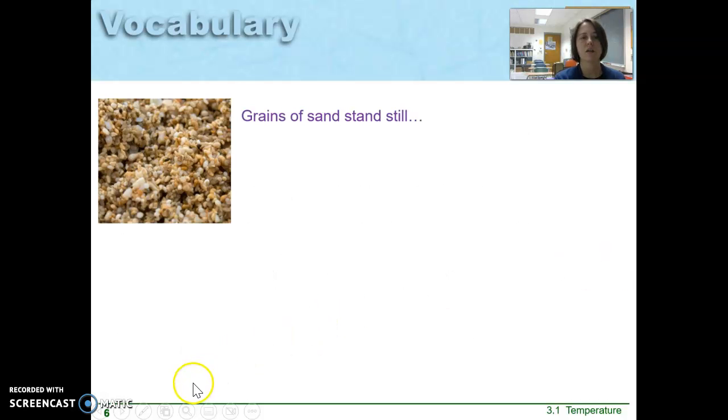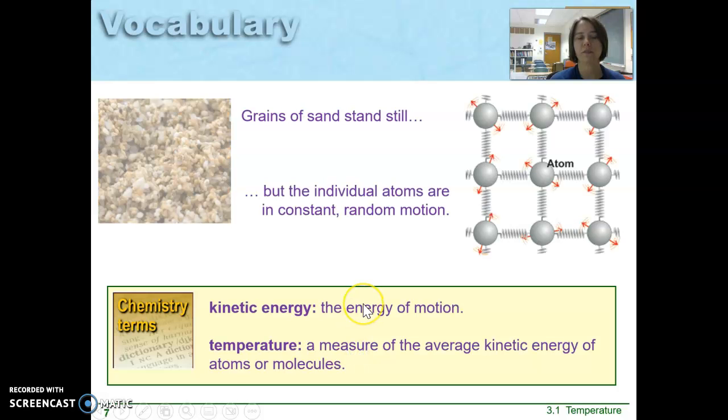So let's talk about the size of things. When looking at the macroscopic view of things, like things you can see with your own eyes, it looks like everything just stays still. But at the atom level, we know that the little atoms in that sand are constantly moving.